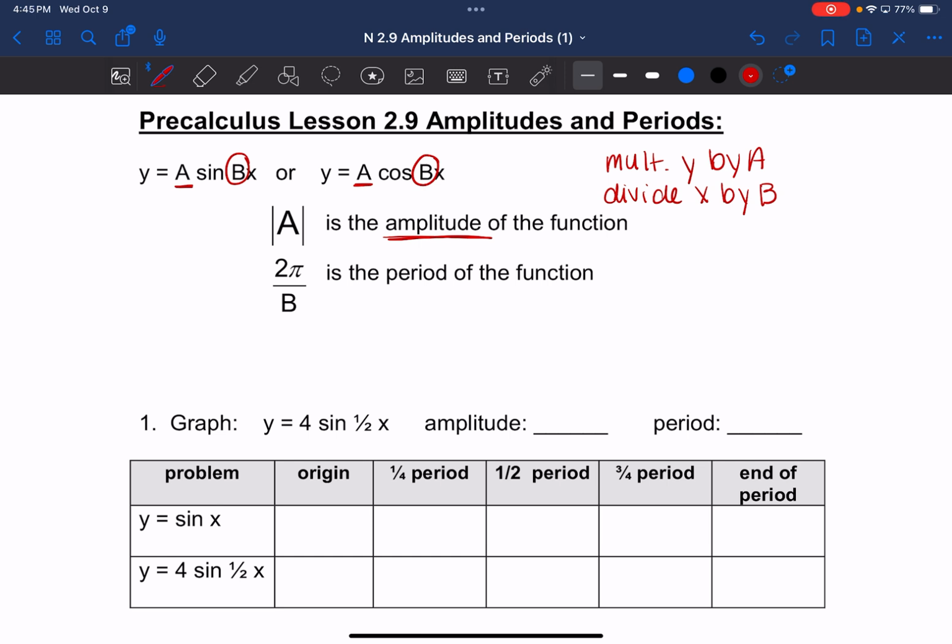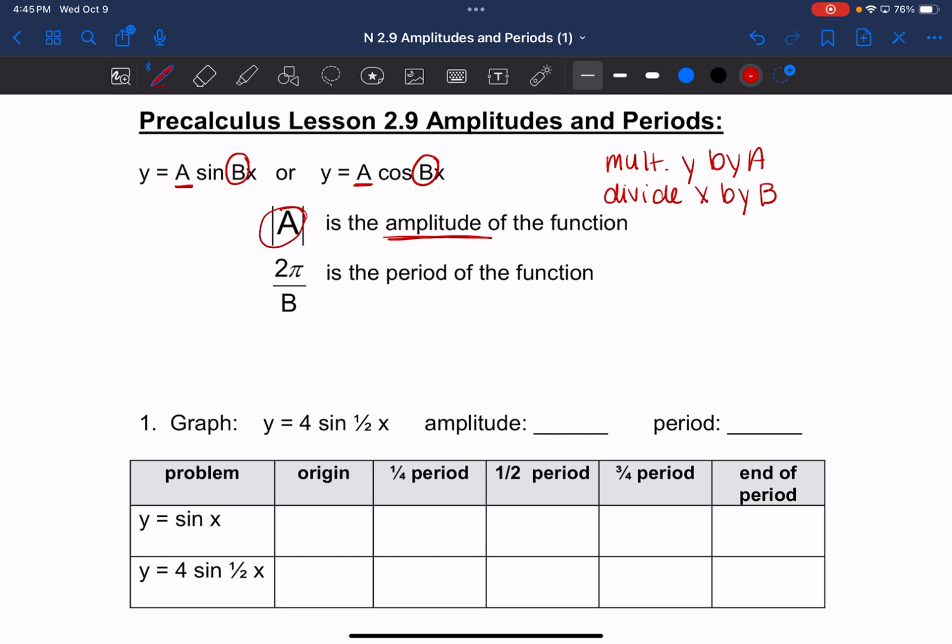But if we have some value a that we multiply our y values by, that 1 and negative 1 could change to something bigger, like 3 and negative 3, or something smaller like a half and negative a half. So our amplitude is just whatever our a value is. Of course, the absolute value of a, because remember, a negative sign is going to cause the function to reflect. That's not going to affect how far up or down we travel.